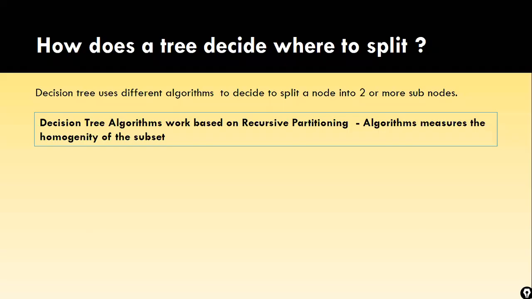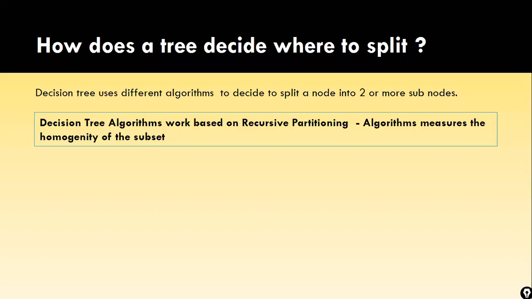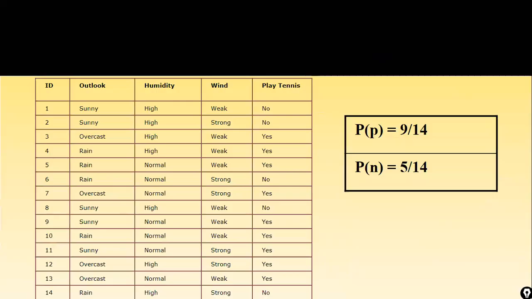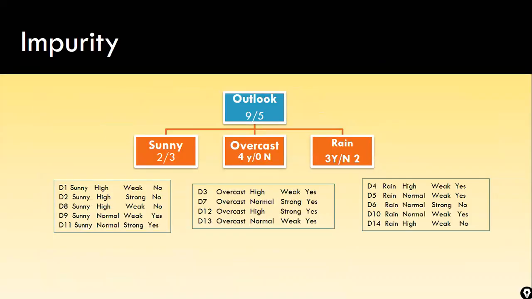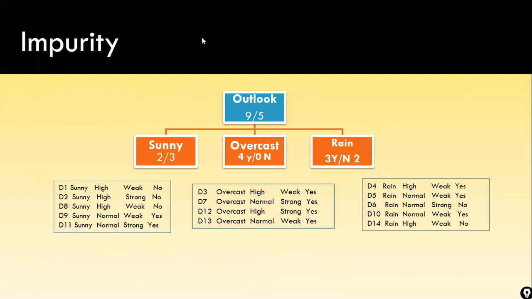The decision tree algorithm is based on recursive partitioning. Algorithms measure the homogeneity of the subset. First of all, let us understand what impurity is all about. Now let us take the same data set and see here. The outlook, if you look here, is very interesting. It's kind of a game.